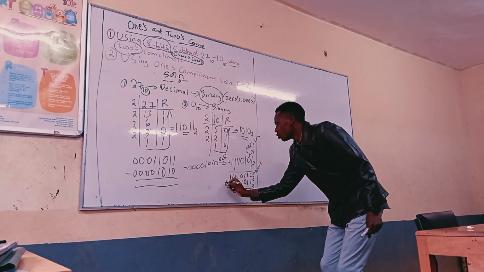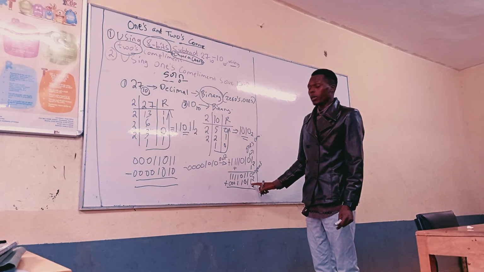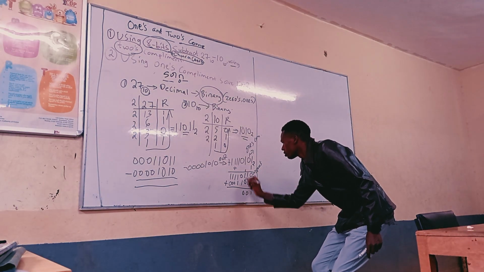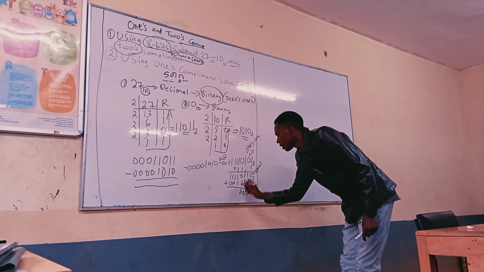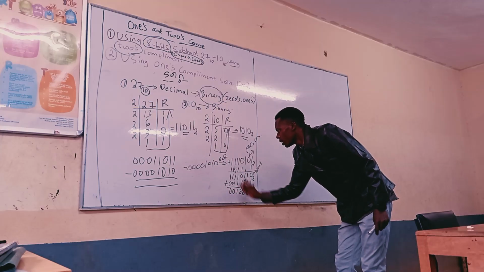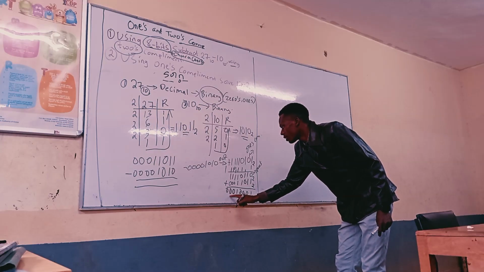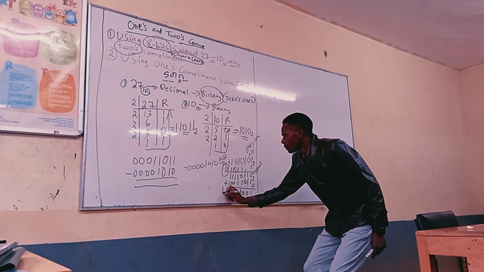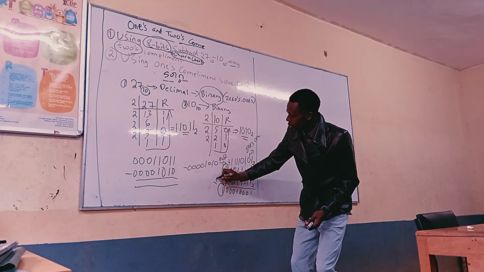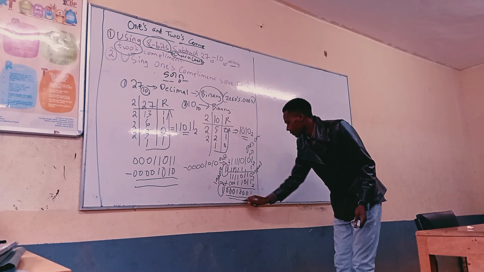So we add them. 1 plus 0 is 1. Then 0, carry 1, and so on across the 8 bits. The carried 1 at the end is an overflow, and we said in 2's complement we ignore it and write the rest as your answer.